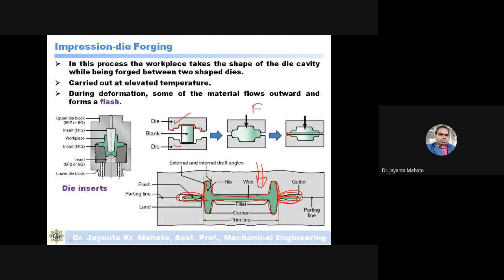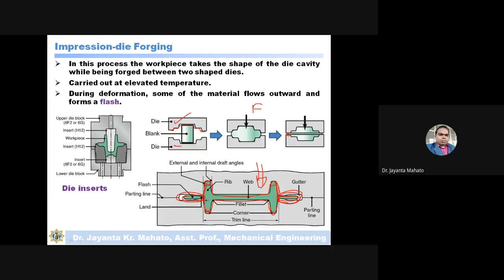But this happens because the extra material flows here, and this is actually also required. If there is no extra material, there may be a chance of not getting the die properly filled. If this extra material is not there, there is a chance the die will not fill completely. So after it fills completely, any extra material will flow out like this. And this is actually called flash.